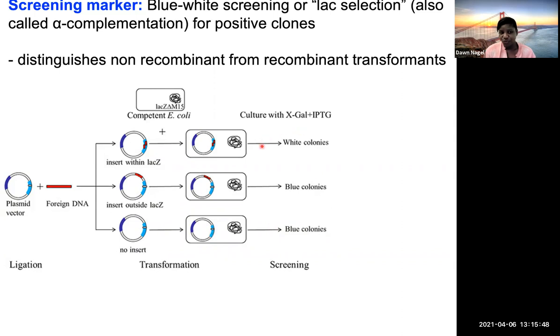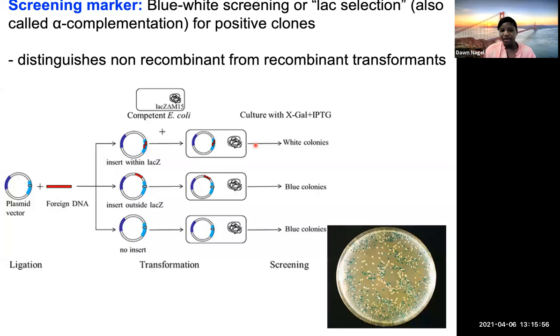Because now what you're screening for is something that's creating a blue color versus a white color. Why a blue color versus a white color? Beta-galactosidase is an enzyme that produces a blue color when it's fully functional. In order to determine whether or not you have this blue color, you need to include a particular substrate called X-gal.